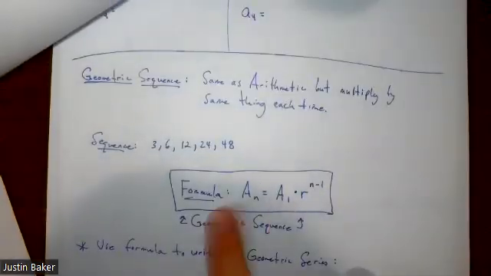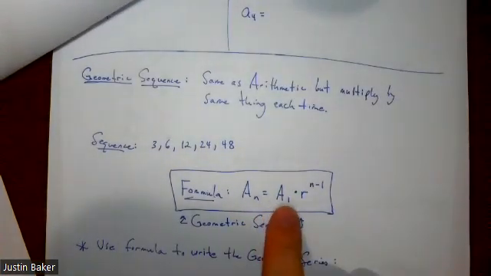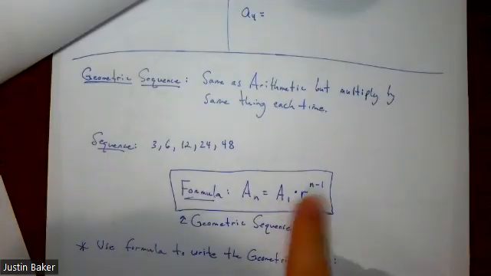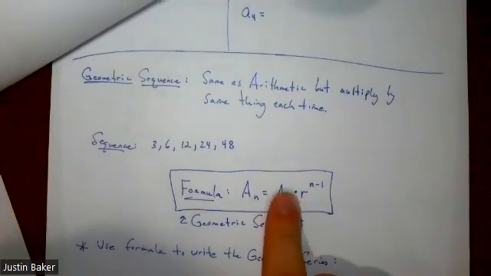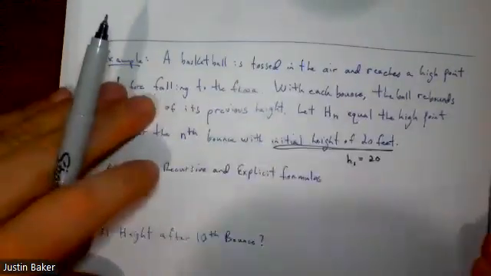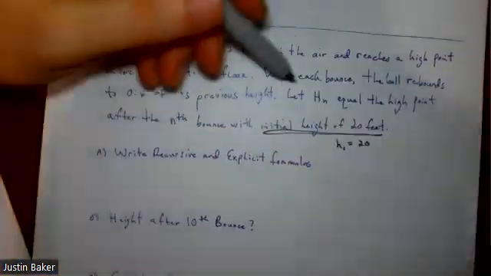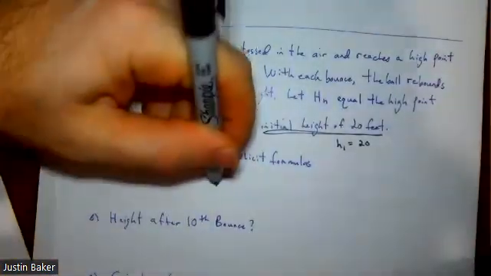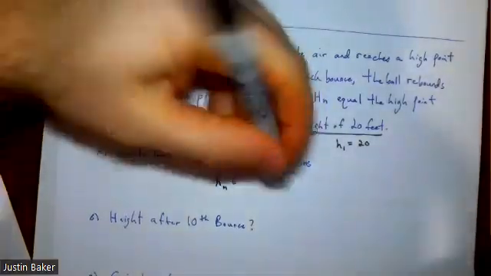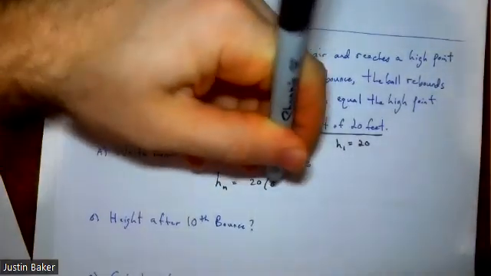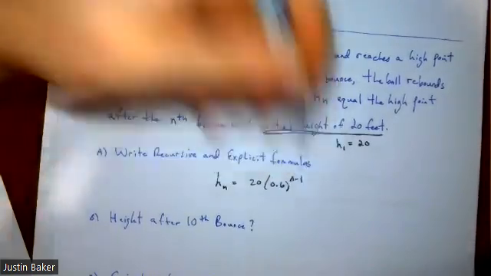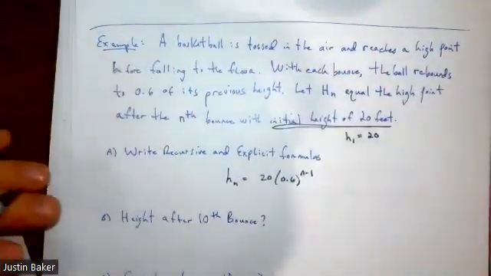Your formula for a geometric sequence is a sub 1 times the ratio raised to the n minus 1 power. So hopefully it would make sense to say that h of n is equal to 20 times 0.6 raised to the n minus 1.